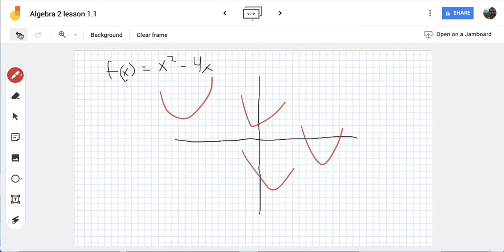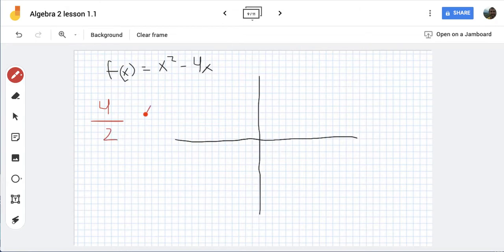I could use some graphing software, but let me go back to doing the negative b over 2a. Negative b is 4 over 2a. A is 1, so I know it occurs at x equals 2. That's where the maximum or minimum is, and since this is a positive x squared, it's going to be a minimum at x equals 2.